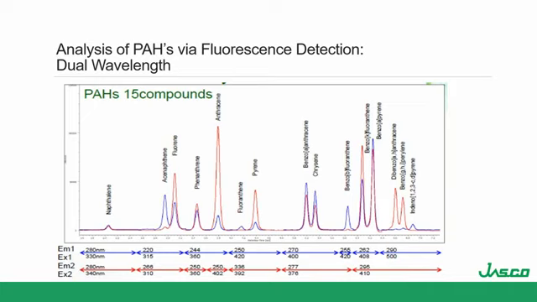You're going to start your method development process by scanning a bunch of excitation and emission wavelengths to see what compounds respond to what. Now, as you can see here, we have a whole host of conditions down here that are required to be able to detect every one of these compounds, all 15 of them. So you can see fluorescence detection is much more specific than, say, a UV-Vis detector.